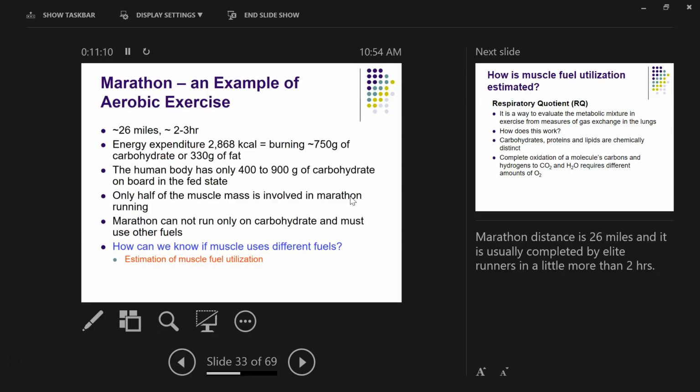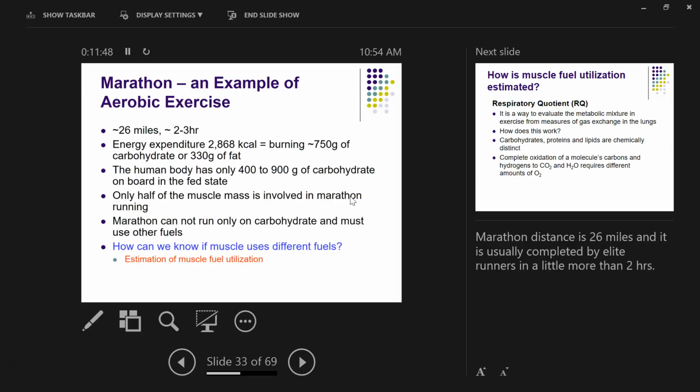But you know that our body actually only has 400 to 900 grams of carbohydrate on board in a fed condition, right? We only have that amount of carbohydrate, basically the glycogen, plus some blood glucose that are available for exercise, for energy. And also, as I mentioned earlier, when running a marathon, only half of our muscle is involved.